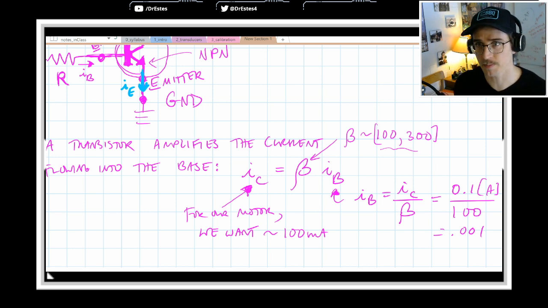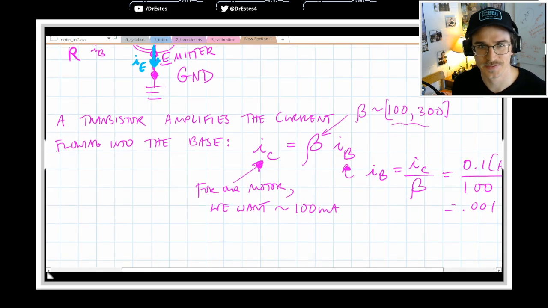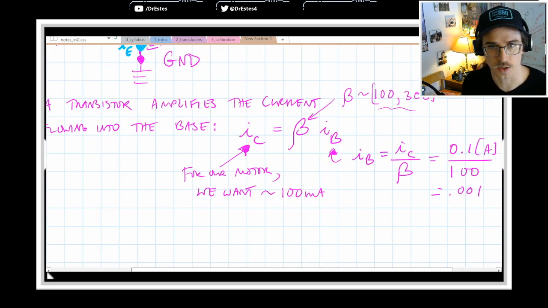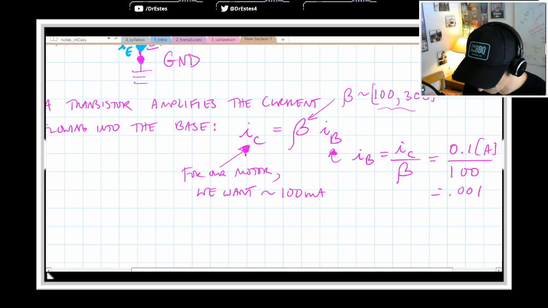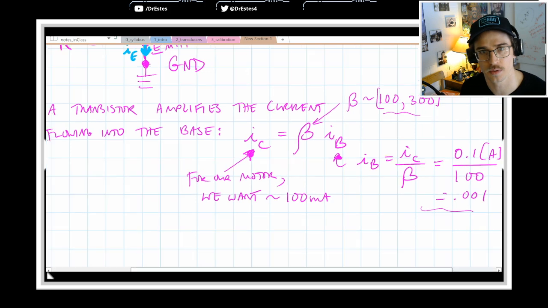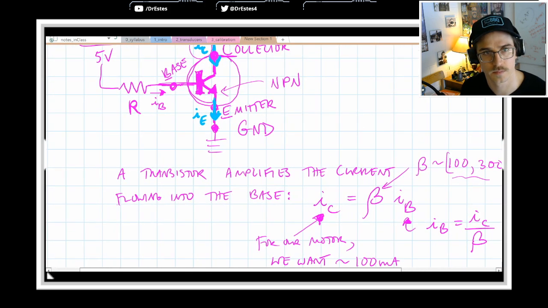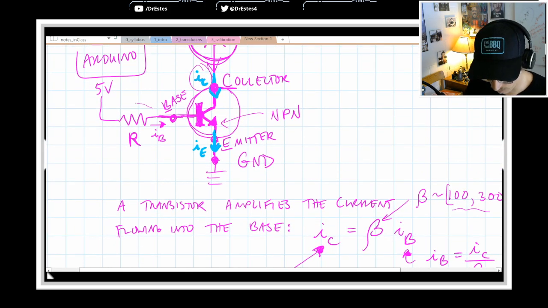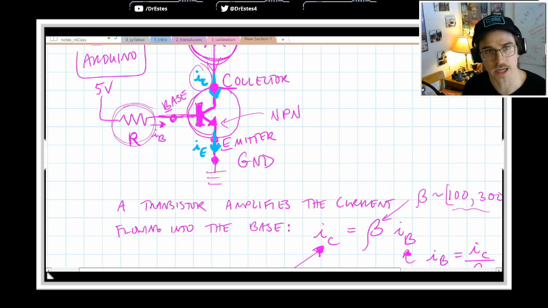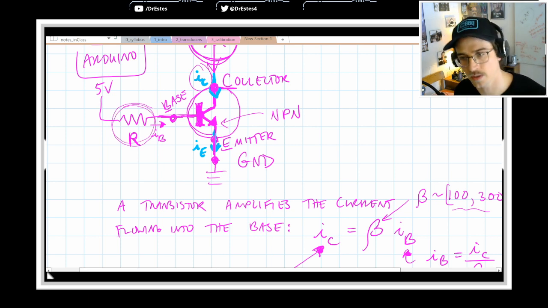I'm always bad with this math on the fly, even though it's basic. If I only want this much current to flow through, we can make sure we get the right current by dialing in this resistor.